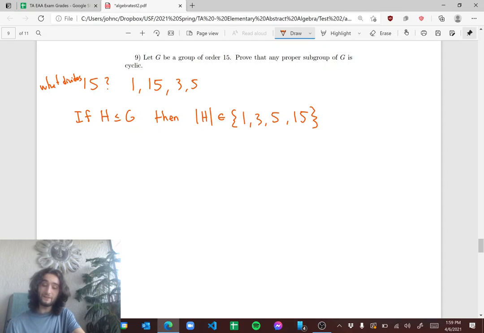Now, they specifically asked us about proper subgroups. Since H is proper, we actually know that H is smaller than 15.